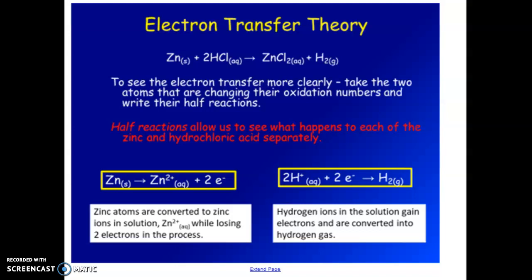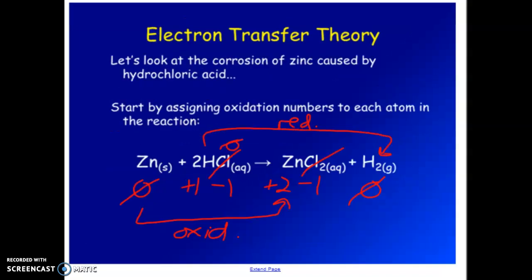Okay, so half reactions, as I mentioned, really is zeroing in on the process that is happening with that particular element. So for example, as mentioned, so we already wrote this out, zinc was going from 0 to +2. So the zinc atom has now become a zinc +2 ion.